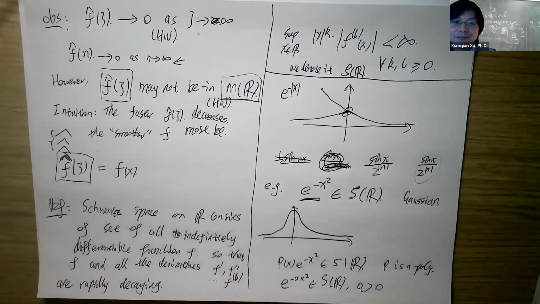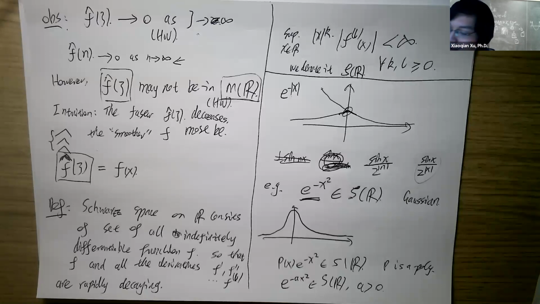Of course, if you already have this function, then if you multiply by some polynomials or do some dilation, it is still in S(R). But it seems that this one is the easiest example in this space. It seems to be the only way we can imagine what this space is formed by, right?